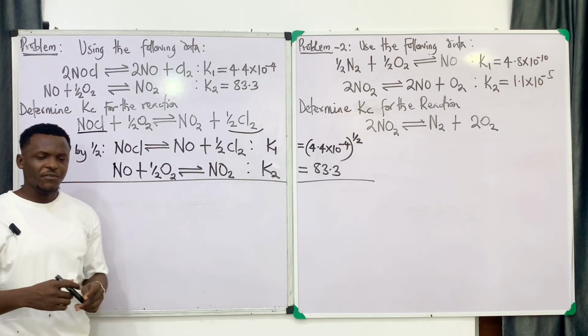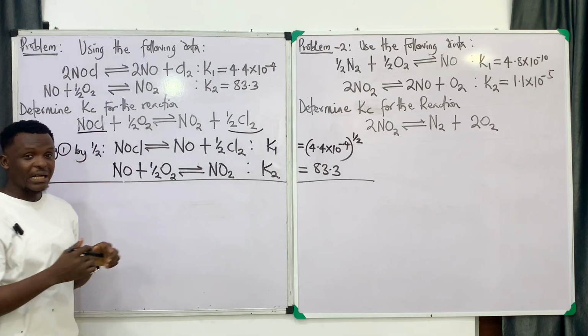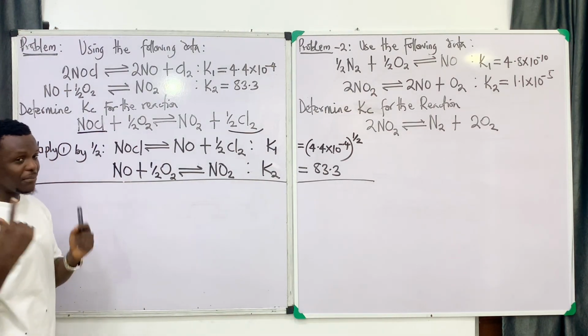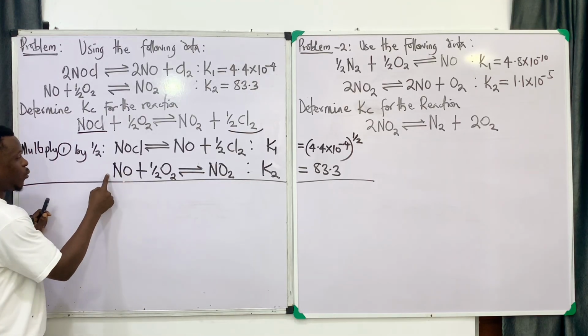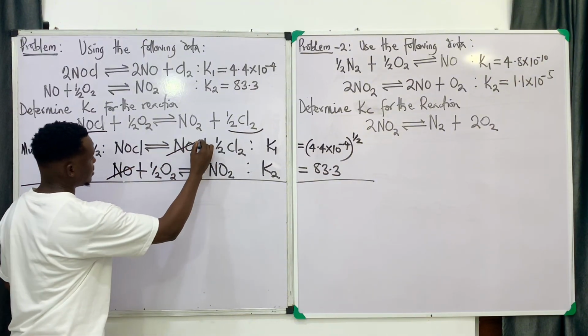And remember I told us that for a substance to be cancelled out, it has to be on the opposite side, same amount. So this NO, 1 mole here, and this NO we have 1 mole. So this cancels this.